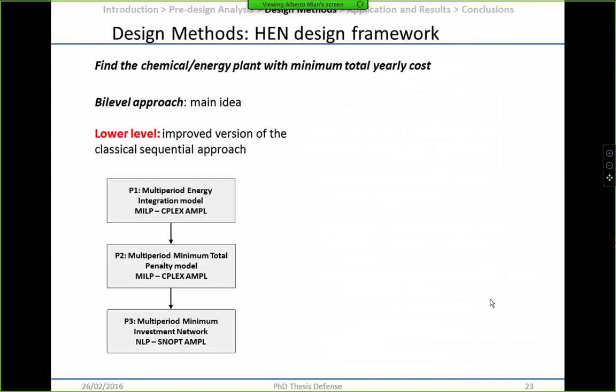But then, once we have solved and closed the energy balance, these 2 steps are related to the design of the heat exchanger. In particular, here, the classical approach would say, let's minimize the minimum number of connections between streams, while in this case, we modify it by giving a penalty to each connection and minimizing the total number of penalties.